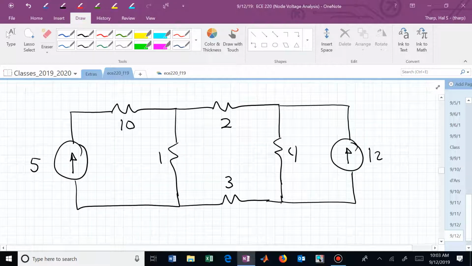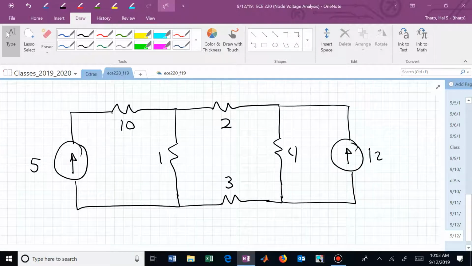We need to find essential nodes. Can we identify essential nodes in this circuit? Quick answer is yes. Now we have to do it, right?